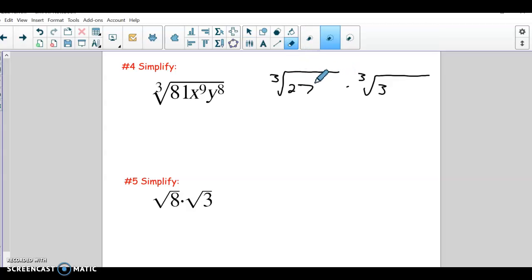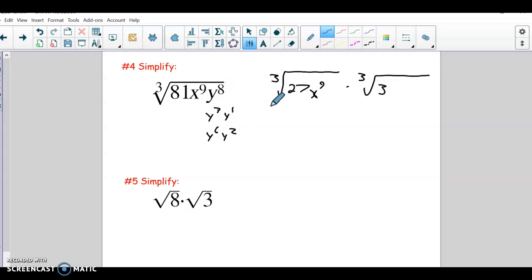Okay, and then for the other parts, I'm going to do the same variable thing I was doing on the previous slide. And for x to the 9, that is divisible by 3, so I can have all x to the 9 up here. Sorry, that's supposed to be an x. Okay, and then the y's, 8 isn't divisible by 3, so I'm just going to count backwards. So again, I could do like 7 and 1, but 7's not divisible by 3, so if I try 6 and 2, again, I'm counting back from 8, and that does work.